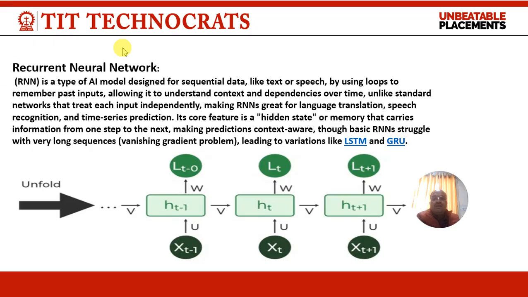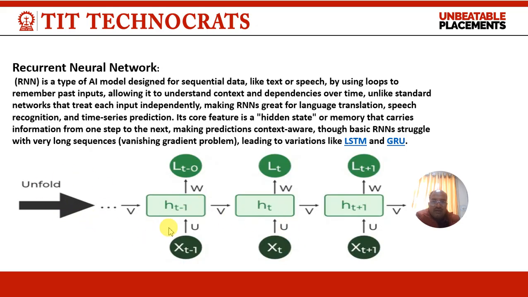First, recurrent neural network. Recurrent neural network, commonly called RNN, is a specially designed neural network that can handle sequential data. Unlike a normal network which treats every input independently, RNN has the unique ability to remember past information using the loop.